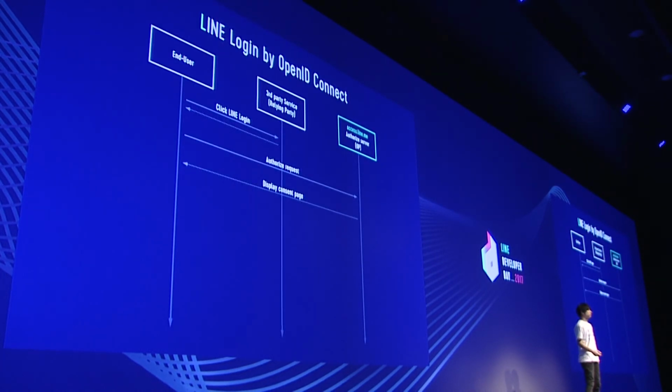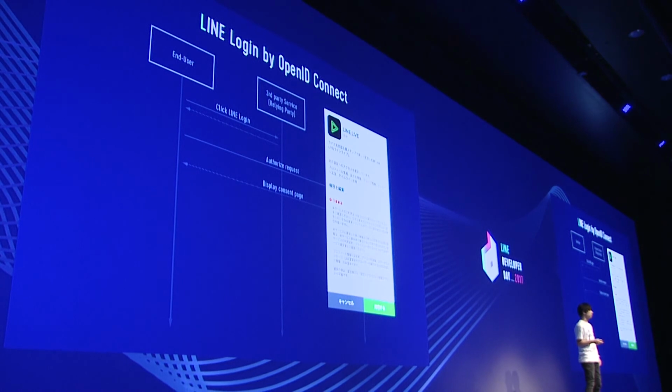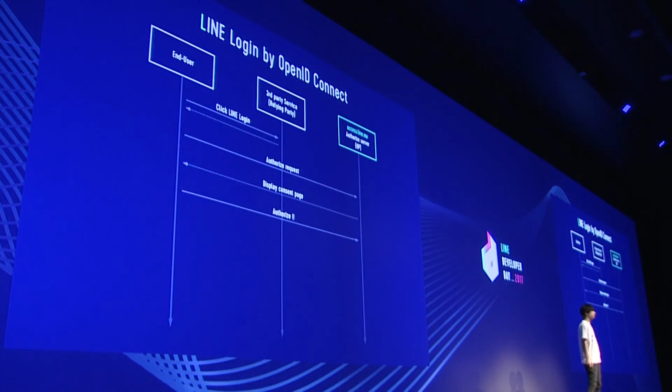Once you send the authorization request to the LINE server, you see the consent screen. It would look like this. If you have used LINE family services, I'm sure you have seen this screen before. Once the user agrees, you get redirected based upon the pre-specified redirect URI.